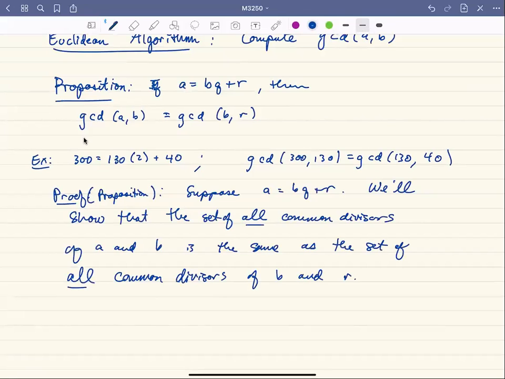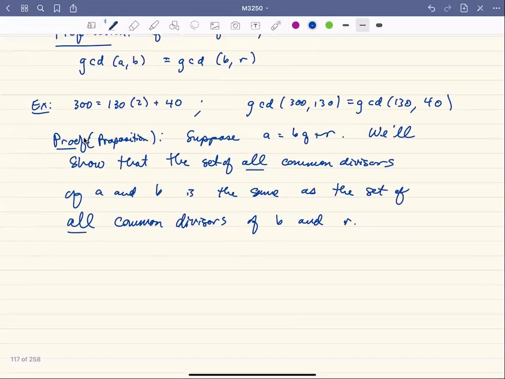In particular, the greatest of these common divisors will be equal, because the sets of common divisors are themselves equal. I think it's best just to explain this in some detail.